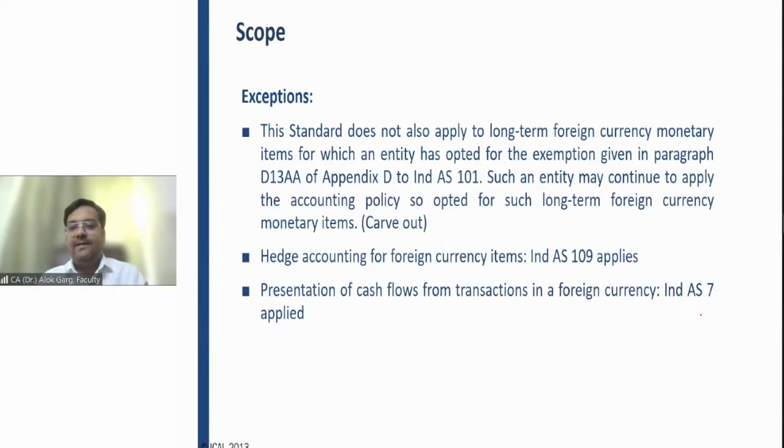So in this case, there is a standard Ind AS 101. Ind AS 101 talks about first time adoption. When you read Ind AS 101, you will find that it has given an exemption.